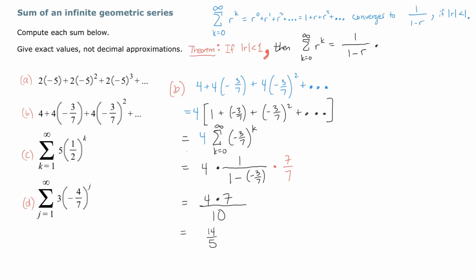And who would have thought adding all those infinite numbers will simply get you 14 over 5. So there's the final expression for part B. Notice in part B you're not solving for anything. You're simply manipulating this expression right here. You started with this expression and you ended with this final expression. I'm going to go ahead and circle all the work as well.